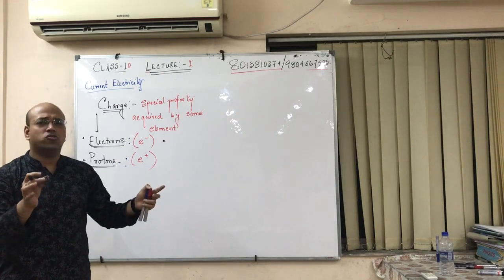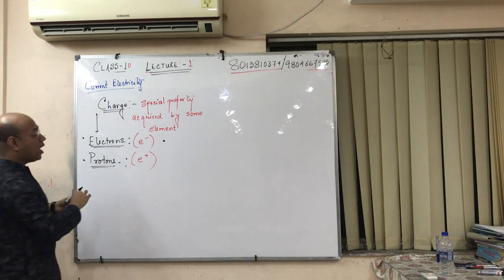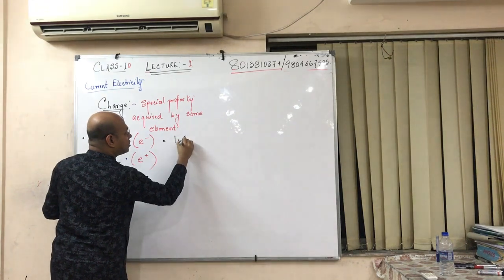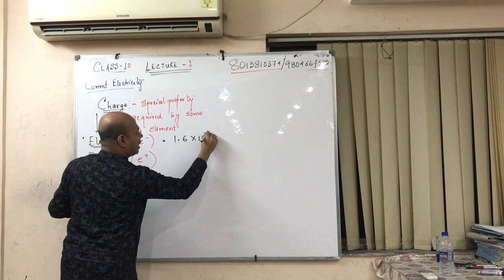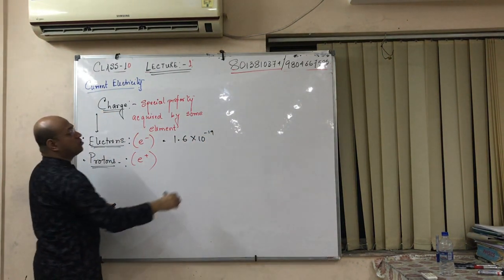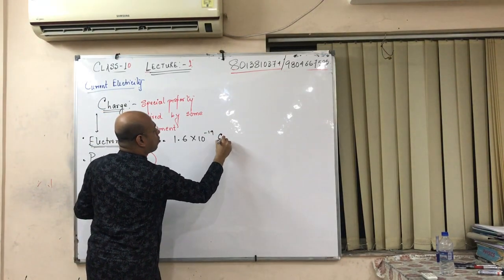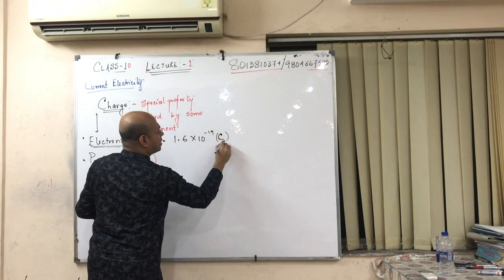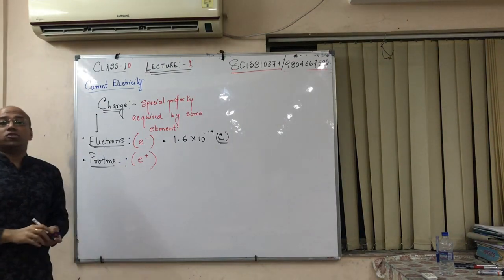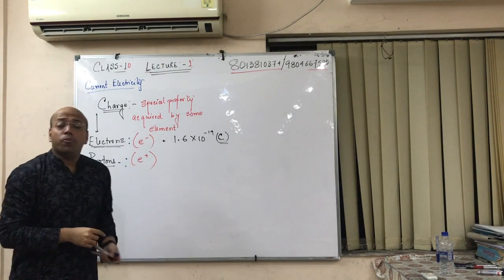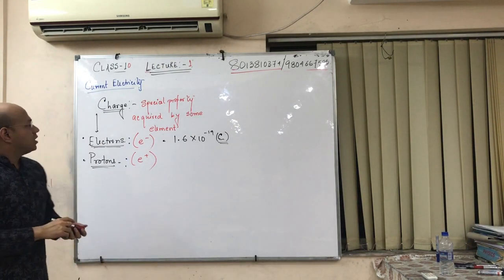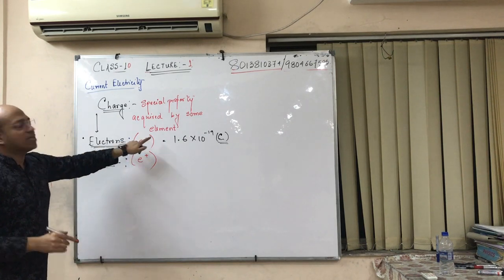We have these ways to measure the value of the charge. We get the value of the charge as 1.6 times 10 to the power minus 19 coulomb. Coulomb is denoted as C. Many students say, sir, why haven't we put a negative sign over here? See, we have already stated it is minus.